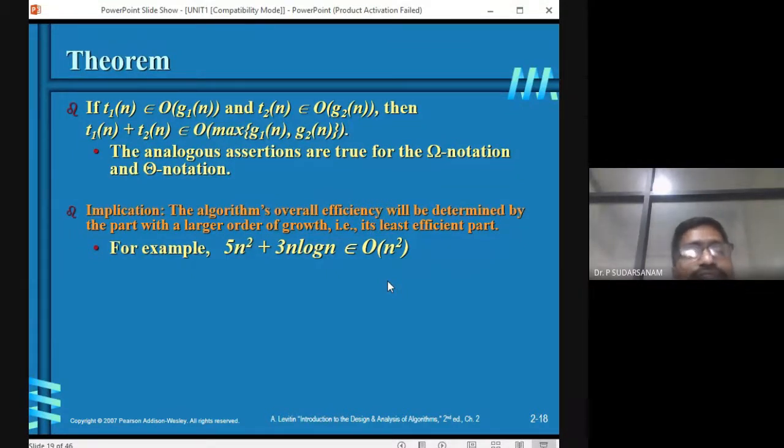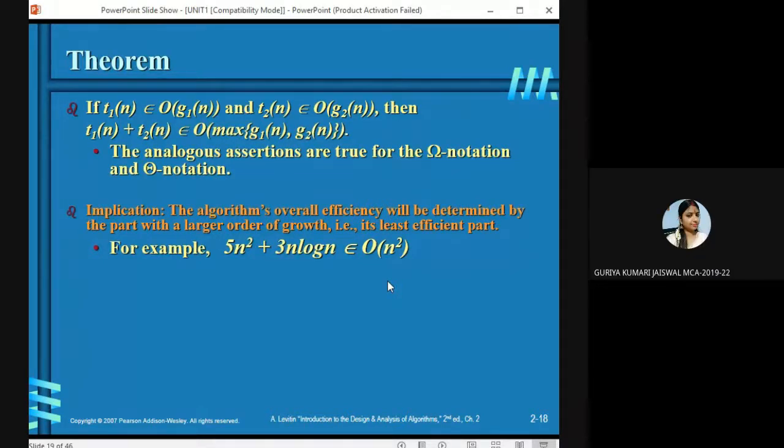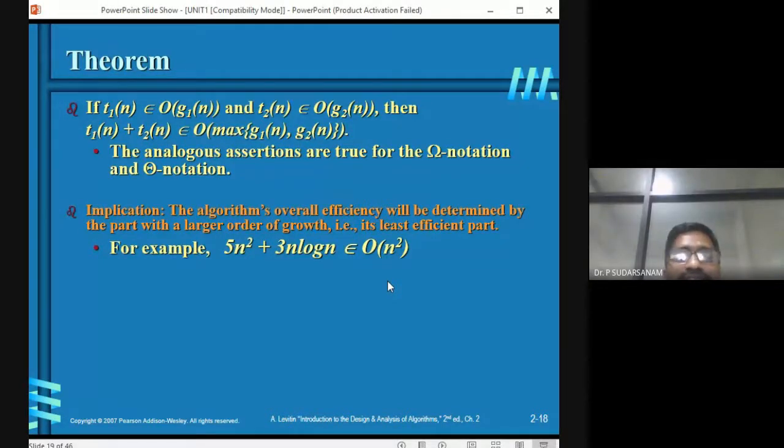Now what is this? Guriya, can you read this mathematics? Yes, sir.